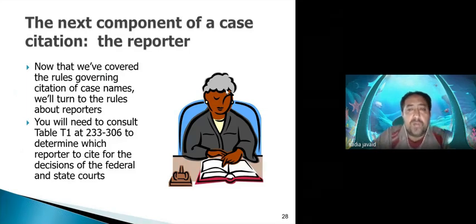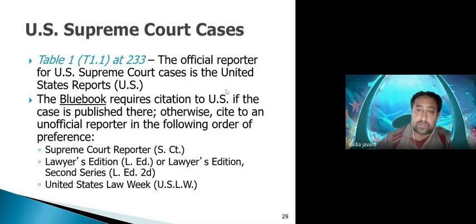The next component of a case citation: the reporter. Now that we have covered the rules governing citation of case names, we will turn to the rules about reporters. You will need to consult table T1 at 233-306 to determine which reporter to cite for decisions of the federal and state courts.